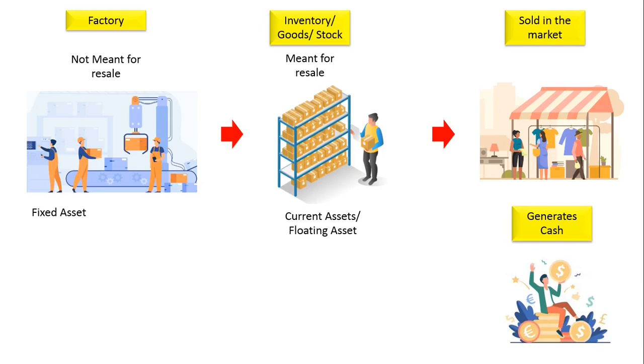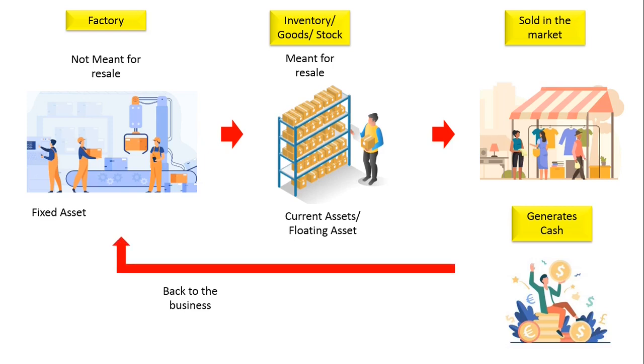The intention of the businessman while producing goods is not to use them in the business for long-term use, but to sell them in the market so that cash can be generated and profit can be earned. Again, the goods or inventory get converted into cash once they are sold, and cash is used by the business to produce more goods. Remember, the factory where these goods are produced is considered a fixed asset.